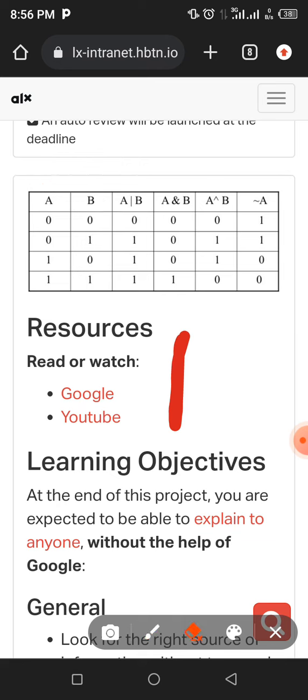So for instance, we have 0 here, and we have 0 here for this first part. So we have 0 and 0. Those 0 and 0 will come here and check. Is A 1? No. A is 0. Is B 1? No. It's still 0.